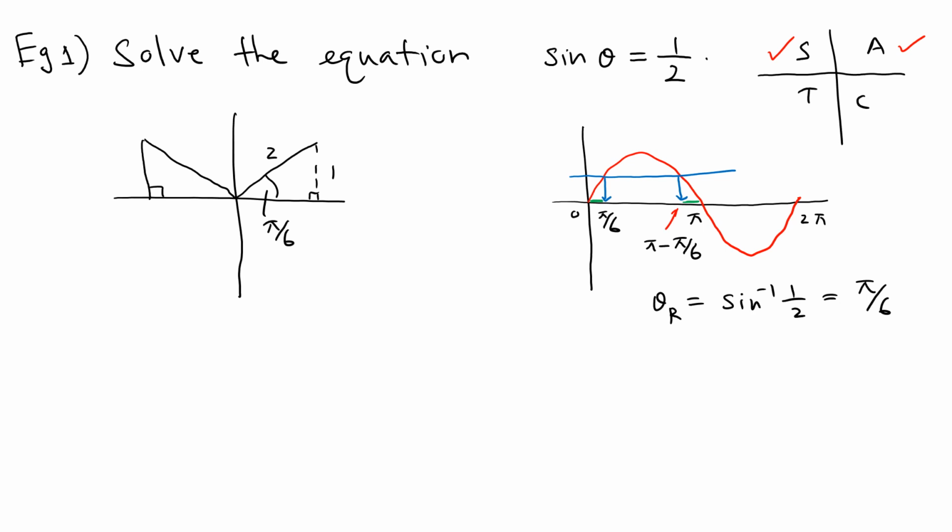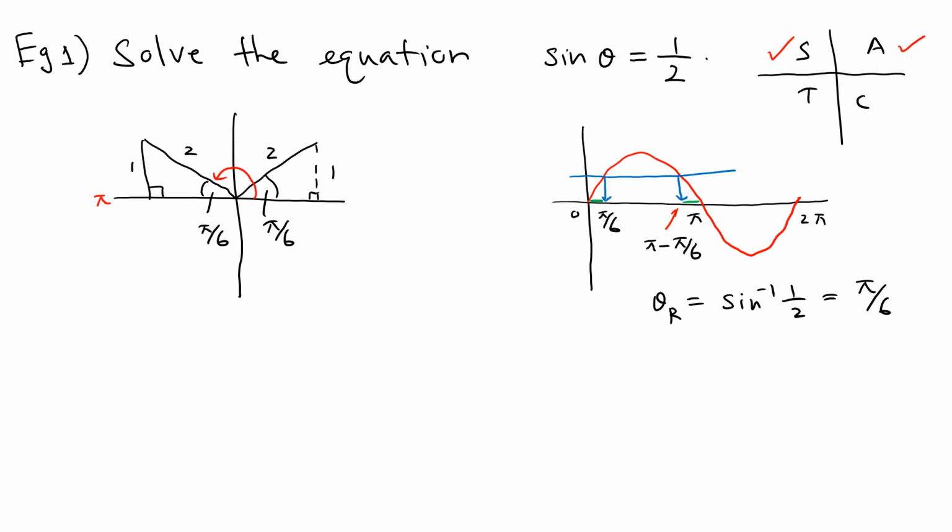You can see it's also positive. That means this y coordinate is positive, and then this is the hypotenuse. And you can see this is again the same reference angle pi over 6. To find the angle we are looking for, it is pi minus pi over 6, because this angle is pi, a straight angle.